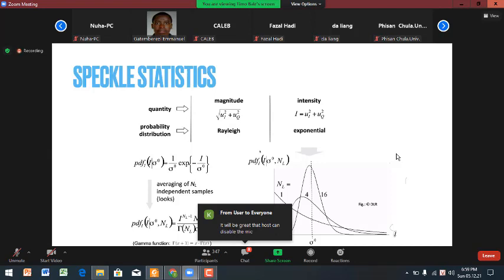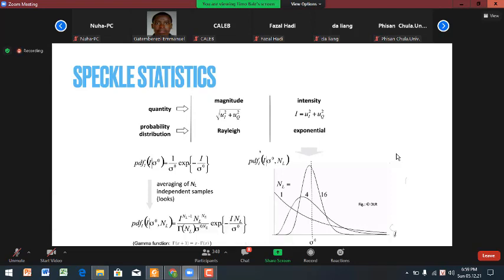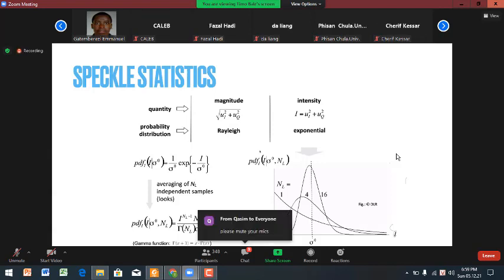Okay, I'm continuing and trying to talk about the speckle. So what we do with noise, when we want to get rid of it, is always at the end a statistical operation.